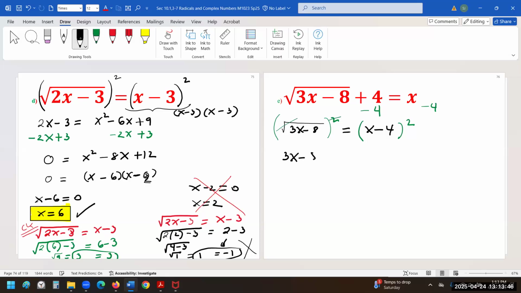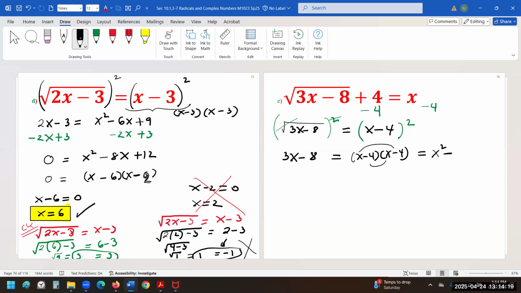So 3x minus 8 equals x minus 4 times x minus 4, but when you multiply them, what do you have? x squared minus how many x's? Only 4? 8x. Because one 4 is here, another 4 is here.